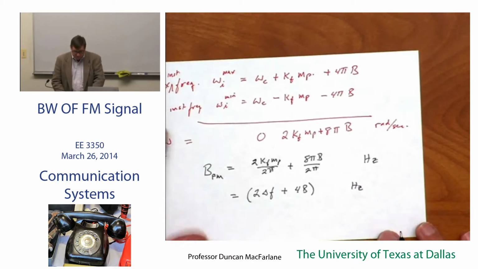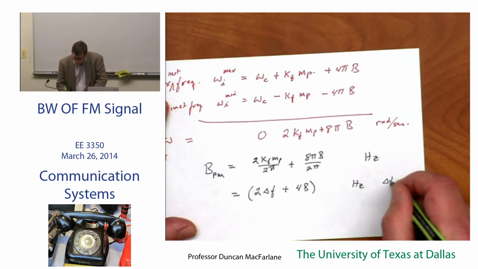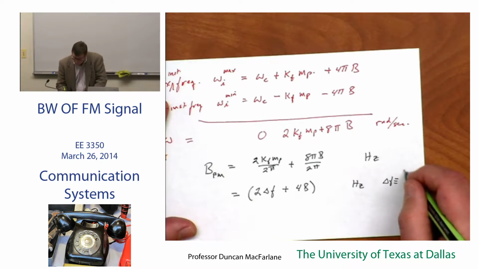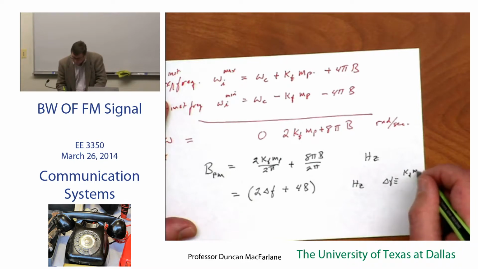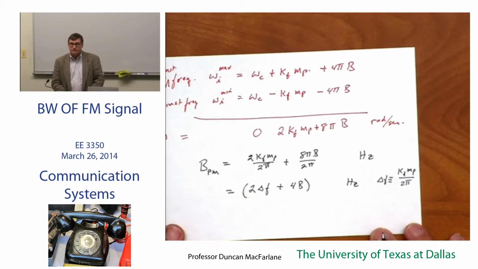And notice what I've done is I'm going to define delta F as kf mp over 2 pi. So that's the range of the frequency around the carrier.